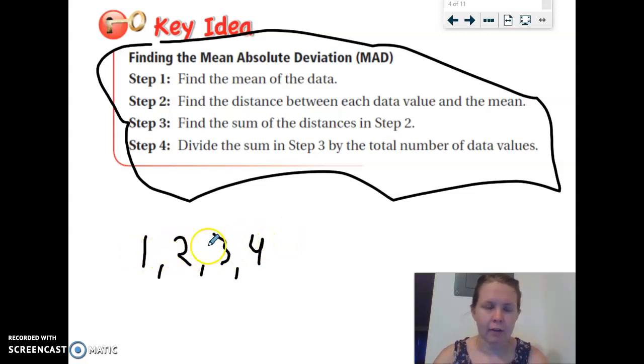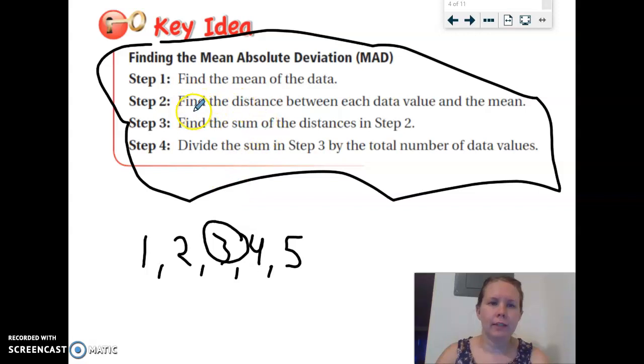So if I added all of these up, this would be 3, 6, 10. So 10 divided by 4, okay, maybe let's add another 5. I'm going to add a 5 here. So this would be 15. 15 divided by 5 would give me 3. So this one's going to be my mean.